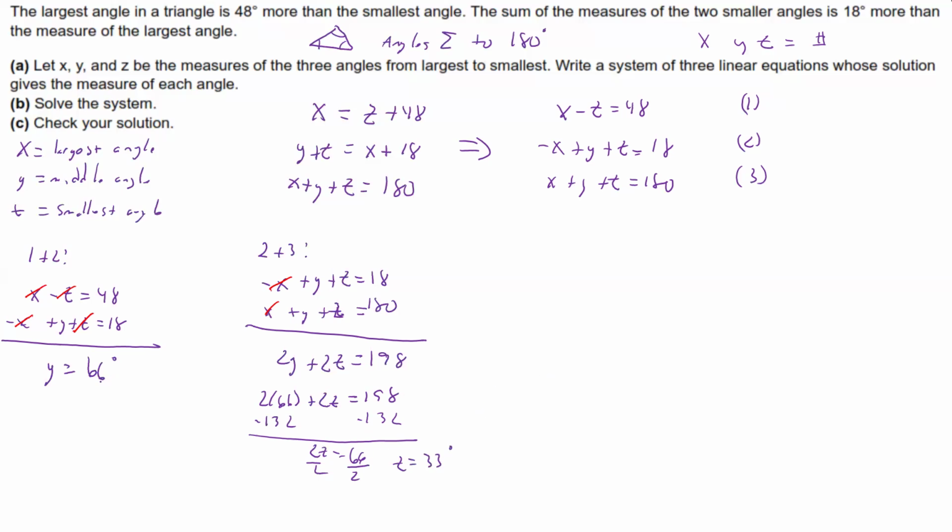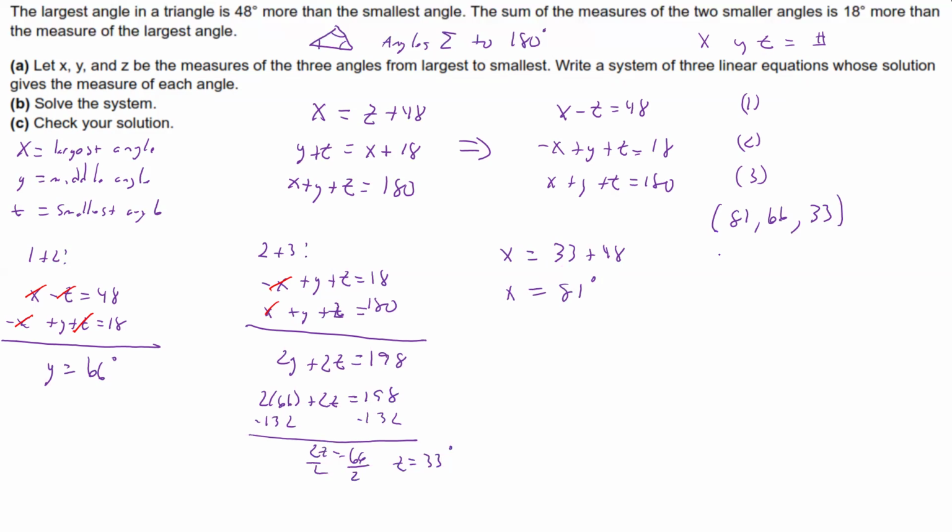Okay, so now I know Y, I know Z, so I can solve for X. I'm just going to plug it into the first one here, because if I put it over here, I'm going to have to subtract it over again. So I'm going to say X equals Z, which we just said was 33, plus 48. Well, that's equal to 81 degrees. So my angles are going to be 81, then Y is 66, and Z is 33.